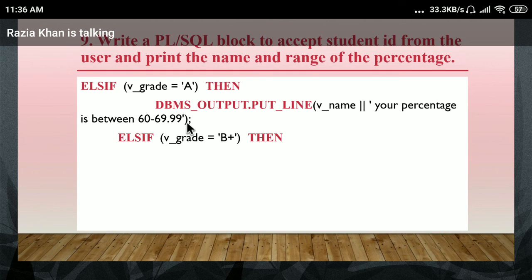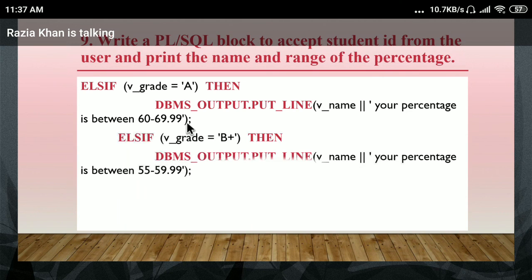If the first condition is true, it will not check another condition. If the first condition is false, it will check the next condition, A plus grade. If the second is also false, then it will check this grade. If the value of grade is A, and if it is also false, then it will check this B. The value of grade is equal to B. If it is also false, then it will check the next condition.